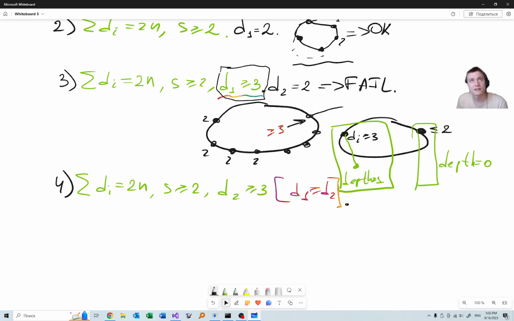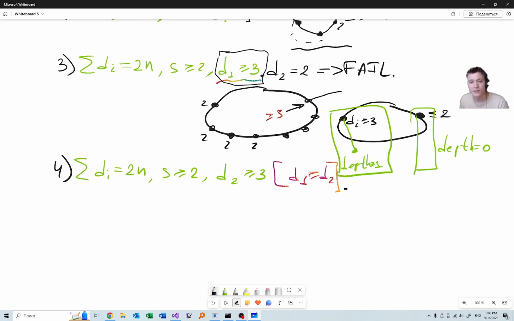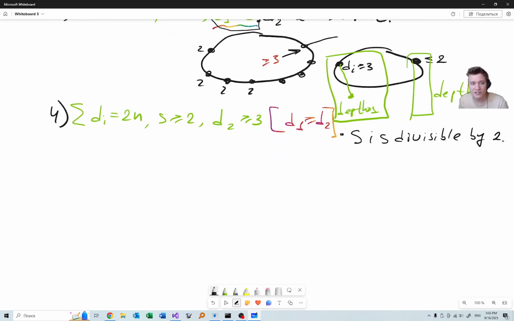Actually, now we will consider a pretty huge case, which is s divisible by 2. In this case the answer is yes. How is it done? We take the vertex which has degree d1 and put it here.